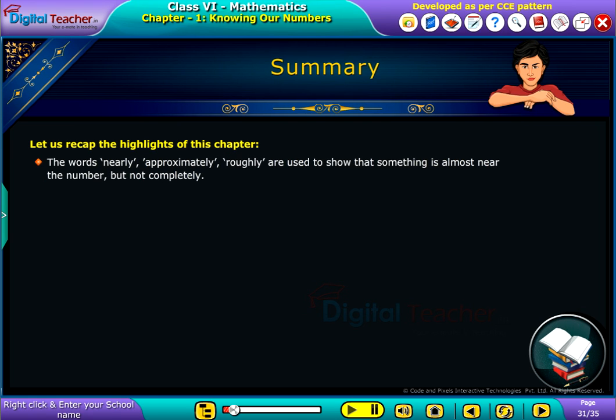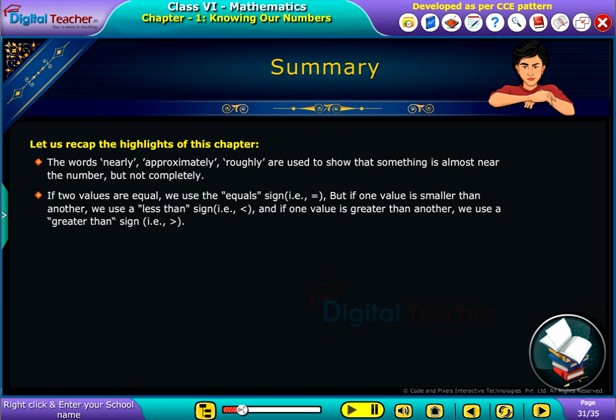The words nearly, approximately, roughly are used to show that something is almost near the number but not completely. If two values are equal, we use the equal sign, but if one value is smaller than another, we use a less than sign.